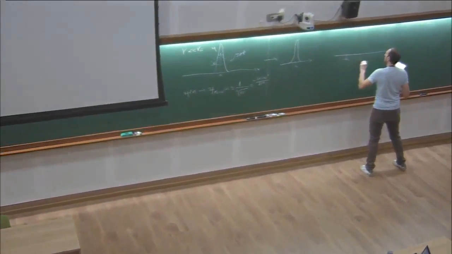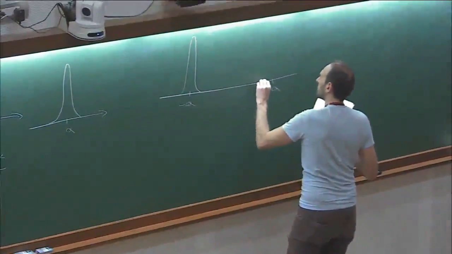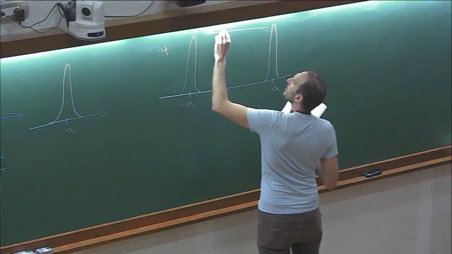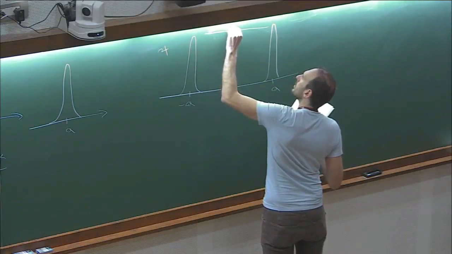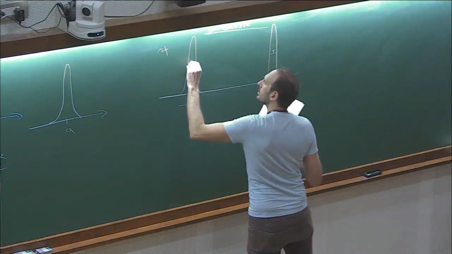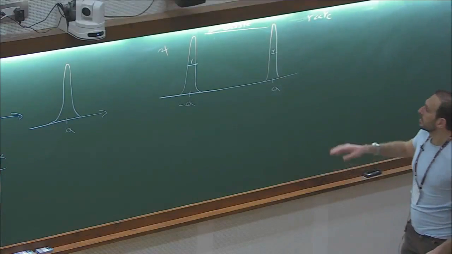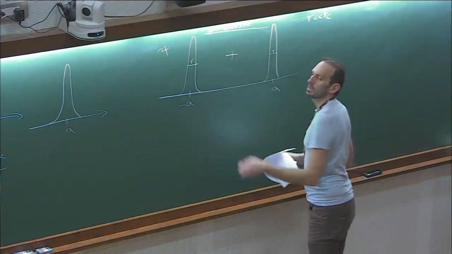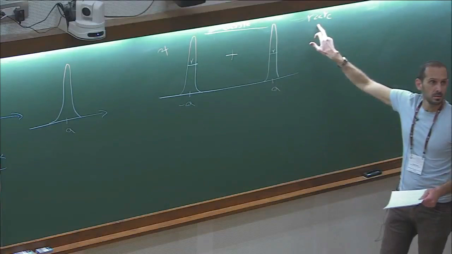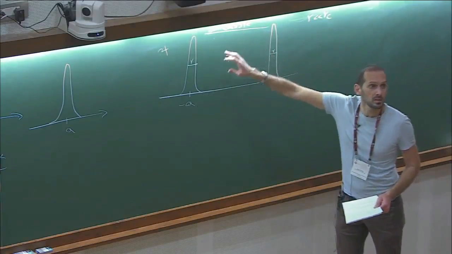So minus A. So we have the superposition. So this is a plus state, superposition of two Gaussian states. Each Gaussian is well localized, but the superposition is delocalized. The distance is much bigger than r.